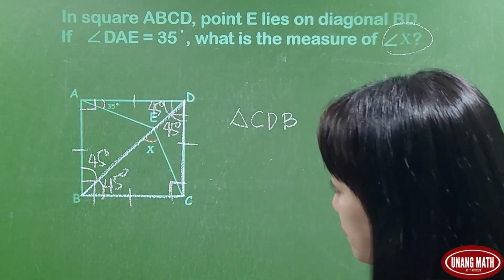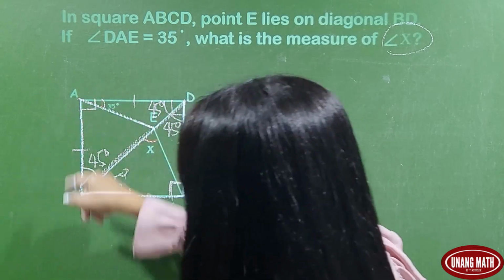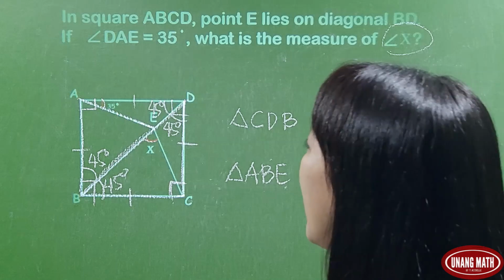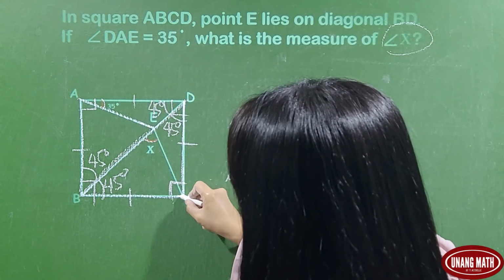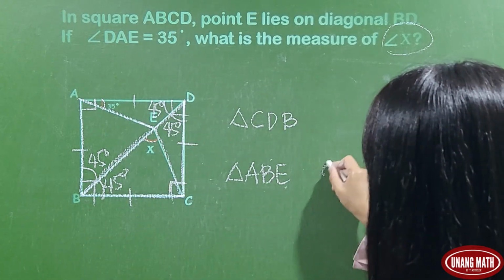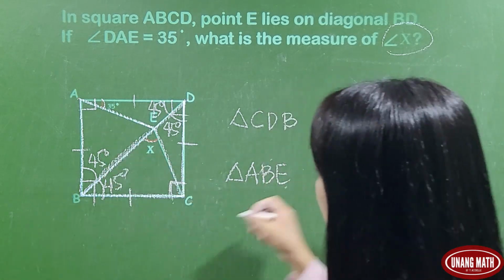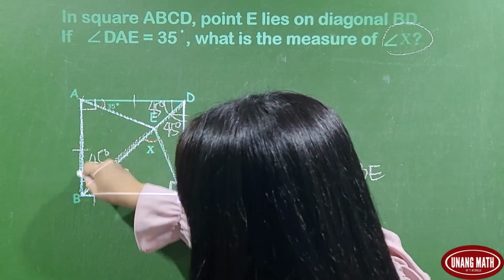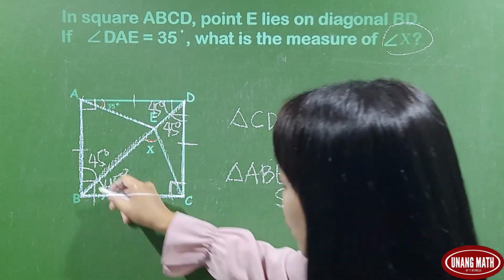Okay, now we have this triangle ABE, and we also have this triangle CBE. These two triangles are congruent triangles. To prove that, this side corresponds to this side, they are equal in measure.